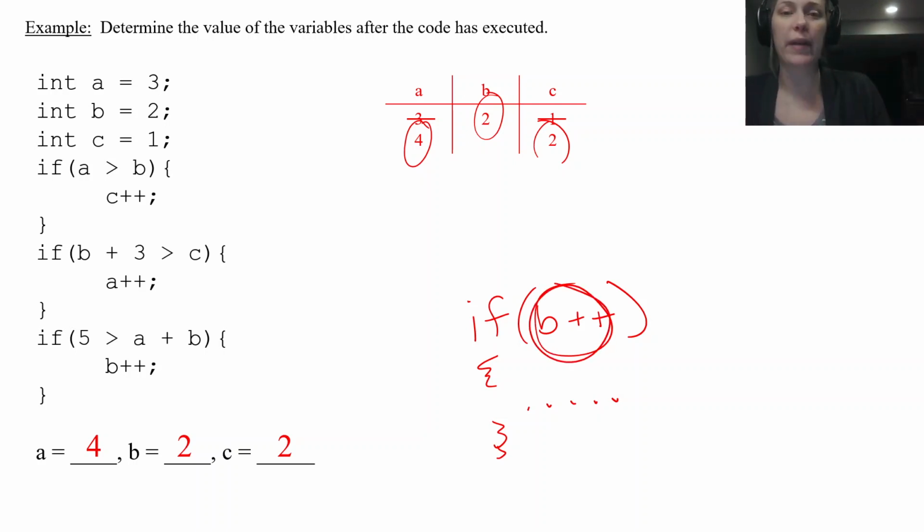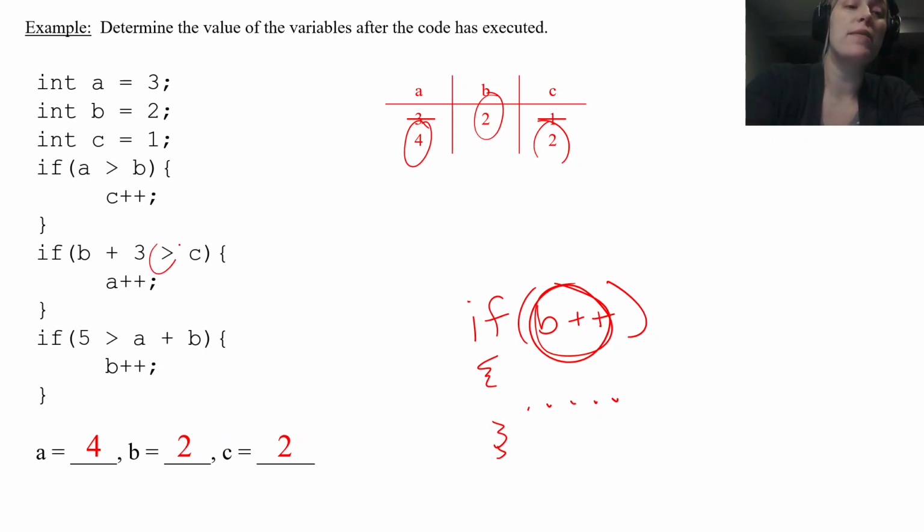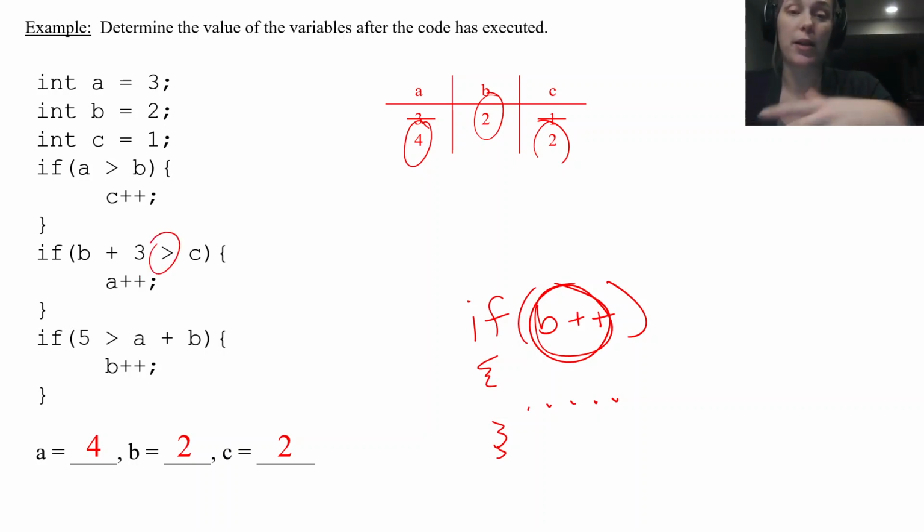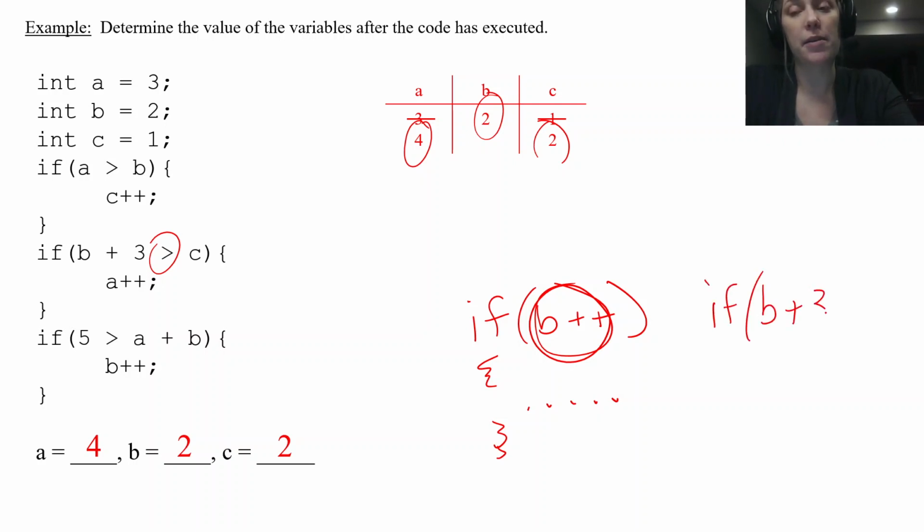It's trying to change the value of B. So if you don't ask a question in there, it's a syntax error and it won't compile. You have to ask a question with one of these comparison operators. Same thing if you just had if B plus 3. That itself is not a question. That's just B plus 3. Because it doesn't ask a question, you're going to get a syntax error. So always make sure you're asking a question.